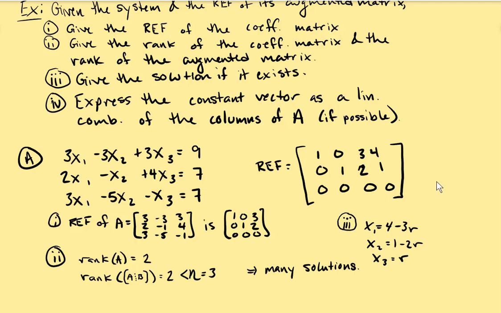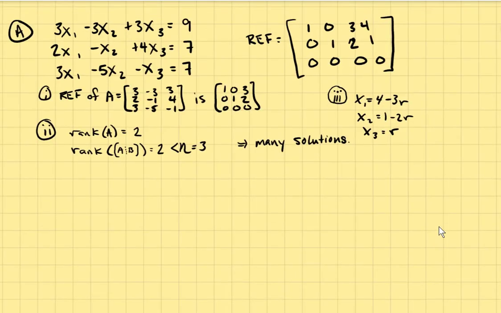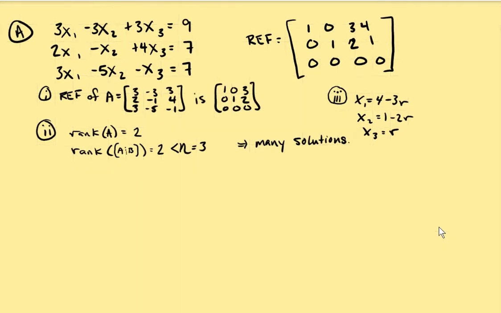So let's see if we can go just a bit further here. The last little part asked us to write the constant vector as a linear combination of the columns of that coefficient matrix.